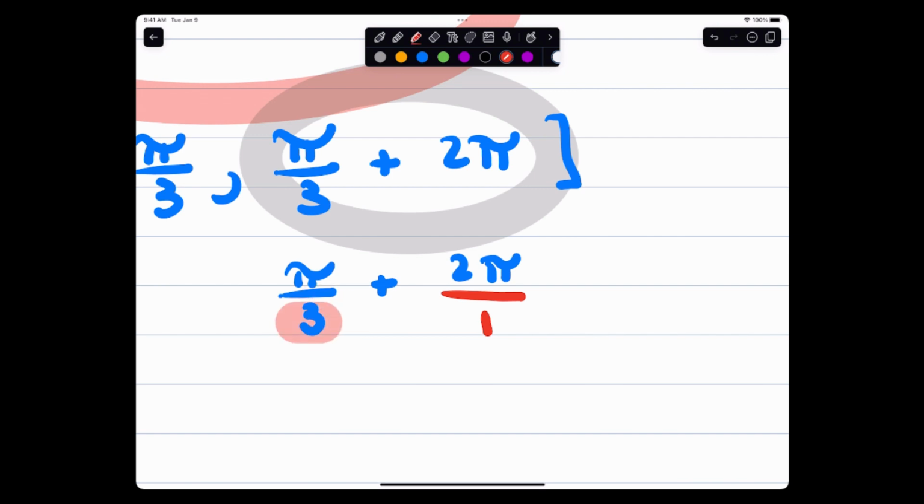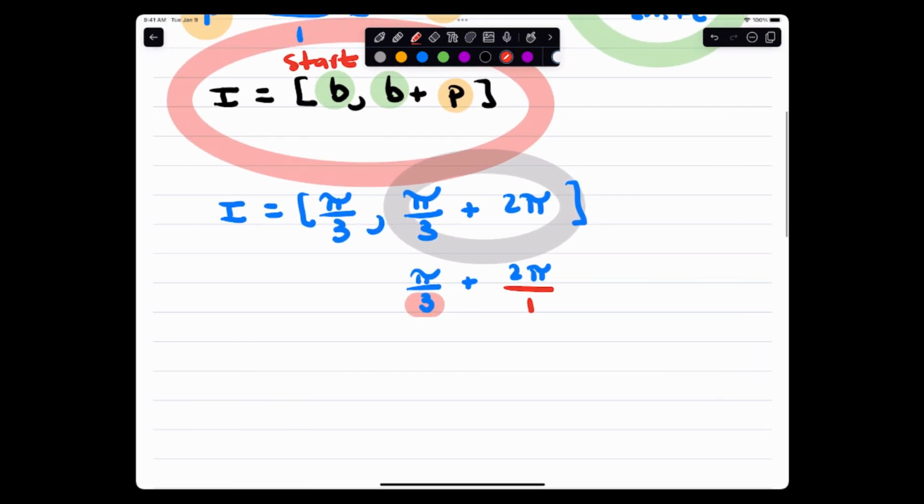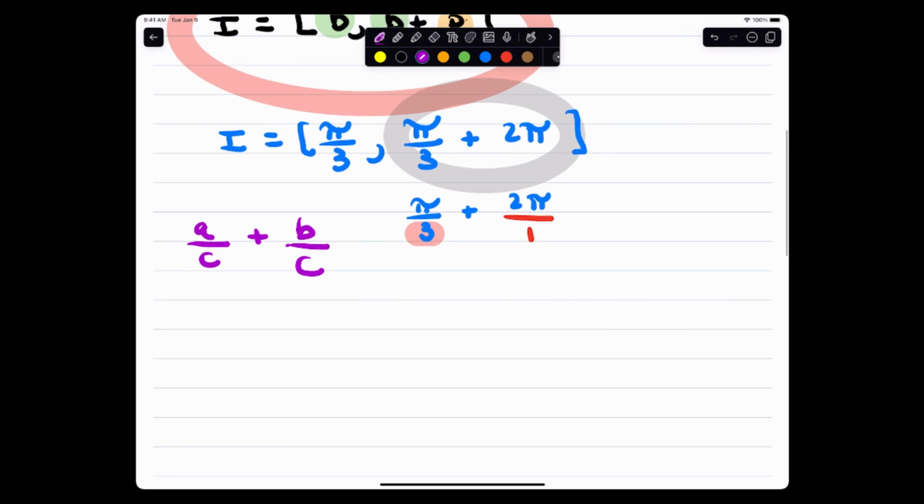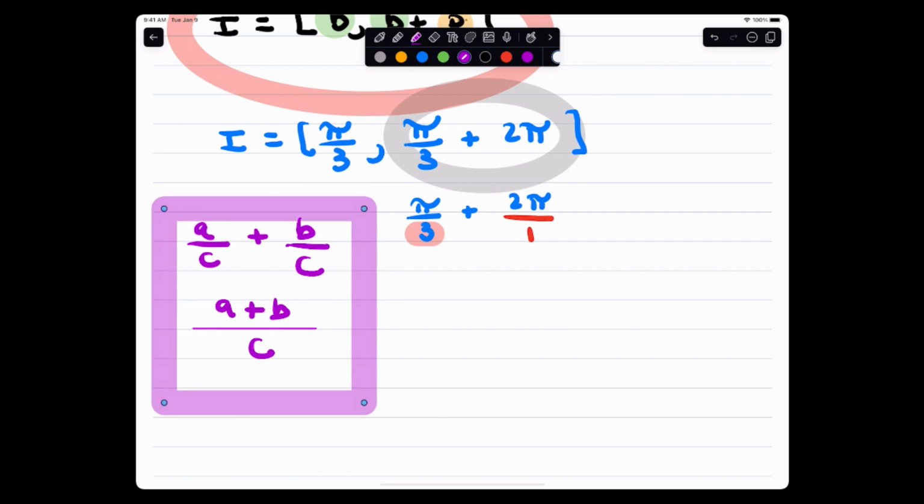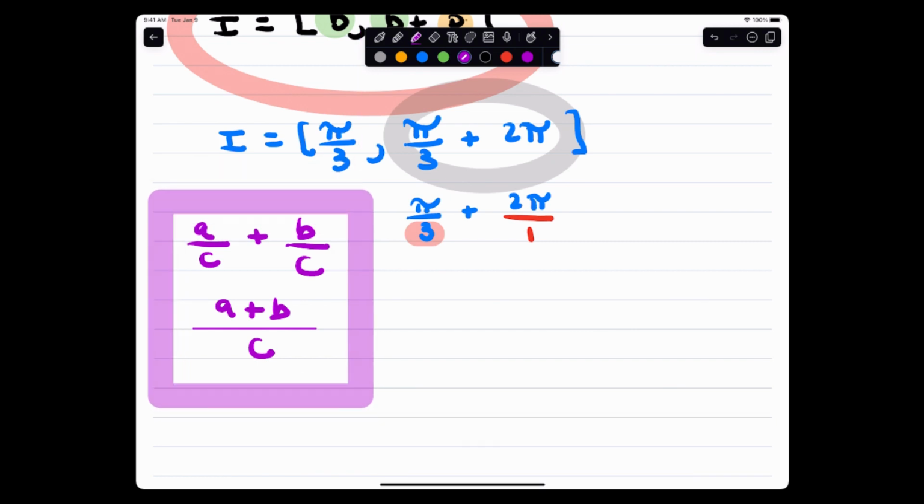I can only add fractions with the same denominator, so I'm going to use the algorithm here so everybody can remember it. Here's the whole point: if I have the same denominator, I am free to add my numerators. There it is. Okay, you guys with me on that? That's our game plan right there.